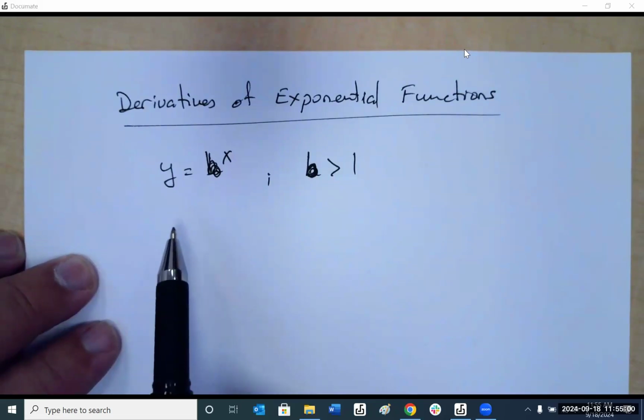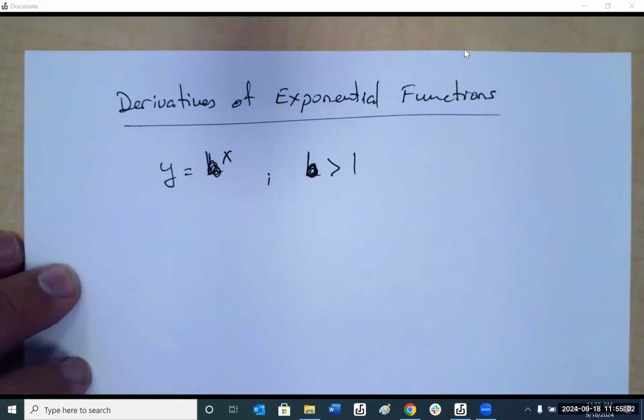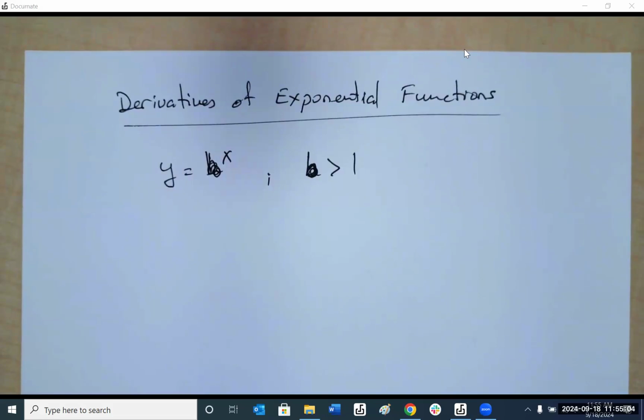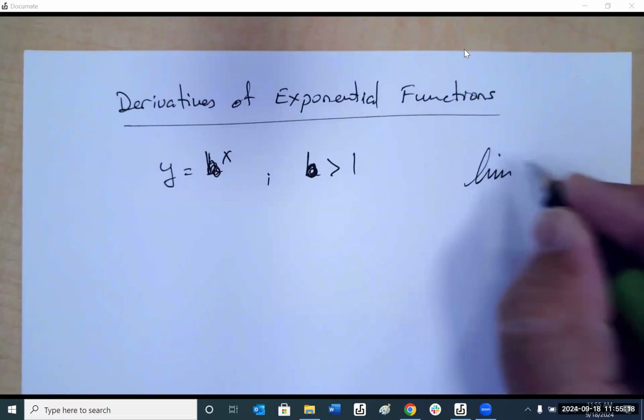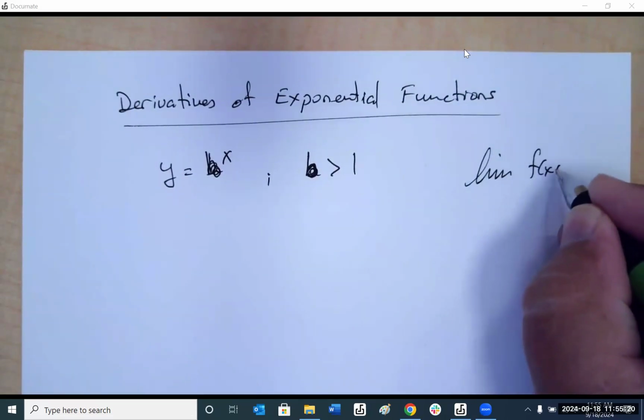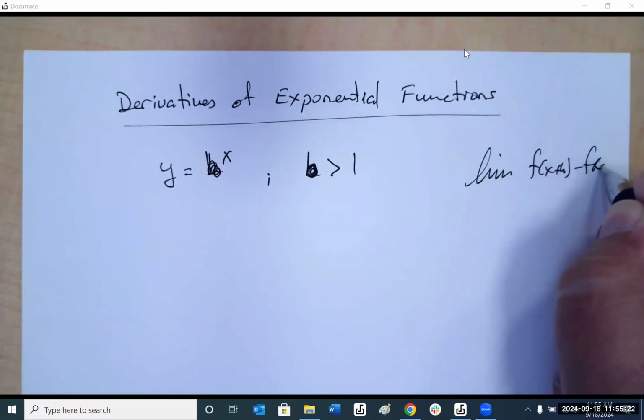Okay, we could do that. It would just be a very long, drawn out process because then we have to get rid of the ln. So what's another way of doing it? If worse comes to worse, we fall back to one of the ones we did in the past. Limit proof. The limit of f of x plus h minus f of x.